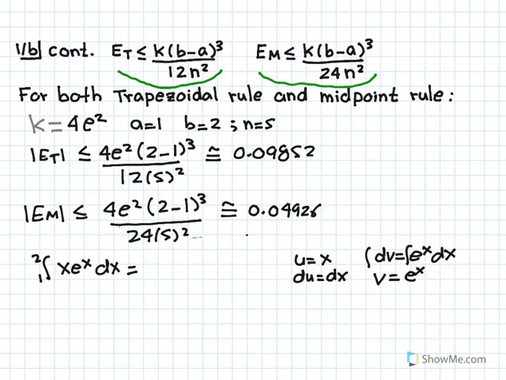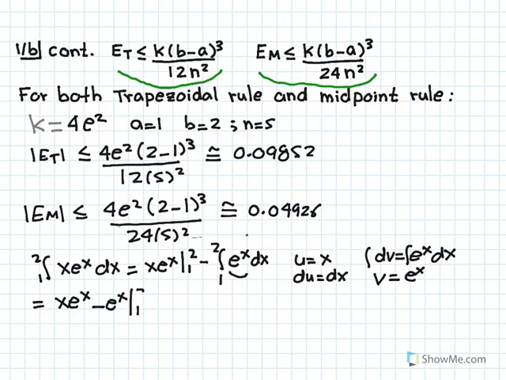So we get u times v, which is x e to the x, evaluated from 1 to 2, minus the integral from 1 to 2 of v times du, that's e to the x dx. That's going to give us x e to the x minus the antiderivative of e to the x, which is itself, e to the x.